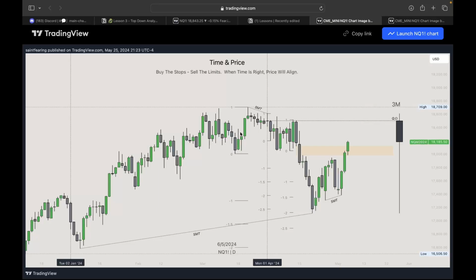The reason that this one was not respected is because we are only looking at legs within the power 3 we are trading. So with this quarterly power 3, we're looking at legs starting right here, April 1st, whereas this one was in the previous quarter. You see what I mean?